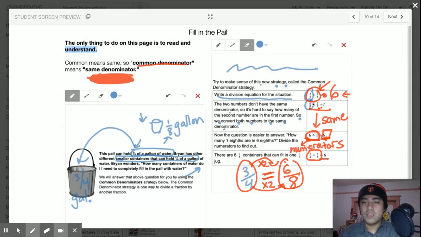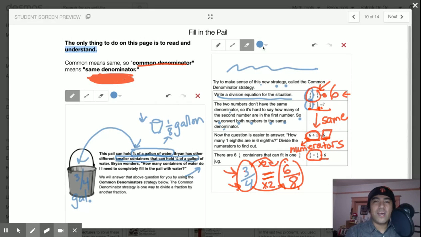So they said, hey, I want to make this have an 8 also. So if I'm going to change this 4 to an 8, I'm going to multiply by 2 to make 8. 3/4, change it to 6/8. And now I can just say, hey, how many 1/8 go in 6/8?